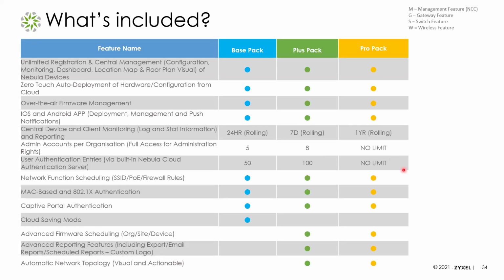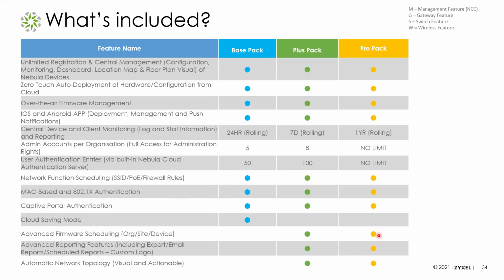And if you don't want to use our cloud, most features that use some sort of authentication can also use a standard RADIUS server. So if you want to set up your own server, you can do that. These limitations don't only apply to our cloud hosted database. You get access to all of the core features in all of our products here in the free version of Nebula, including MAC and 802.1x authentication.